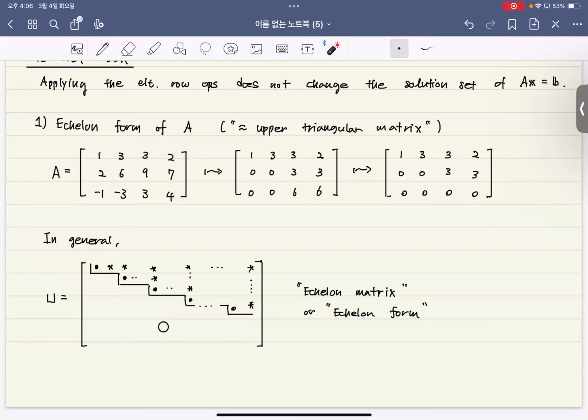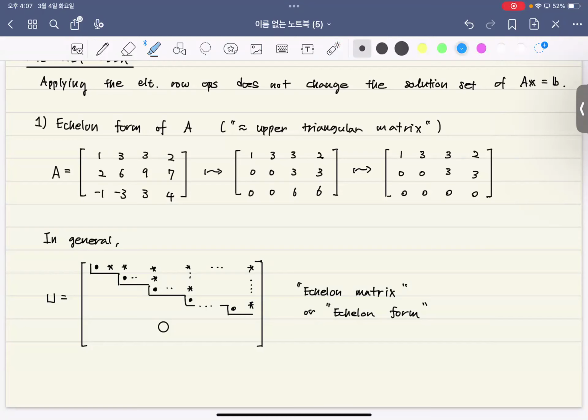And every entry below the diagonal, sorry, I'm abusing notation, there is no notion of diagonal here, but once you obtain the echelon matrix, all the numbers below here are automatically zero. Above this staircase there can be some non-zero numbers, and the numbers on the dots are all non-zero. This is the echelon matrix.